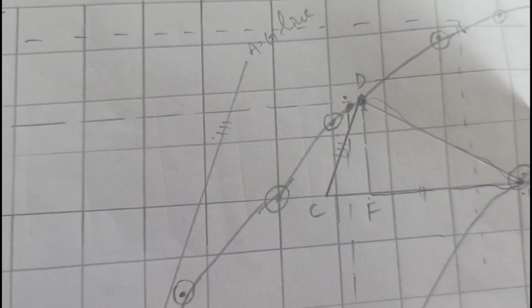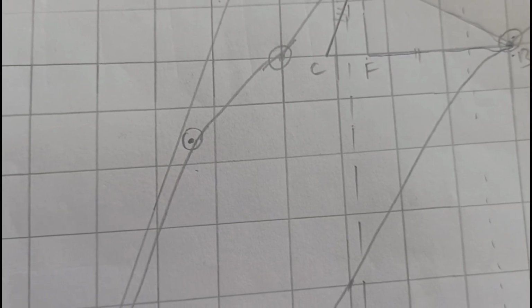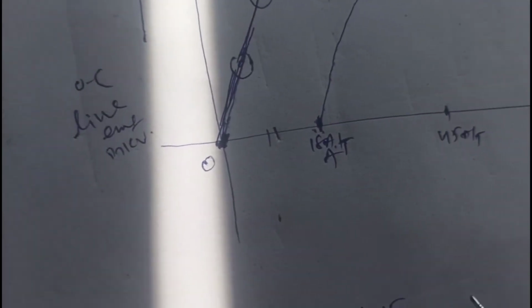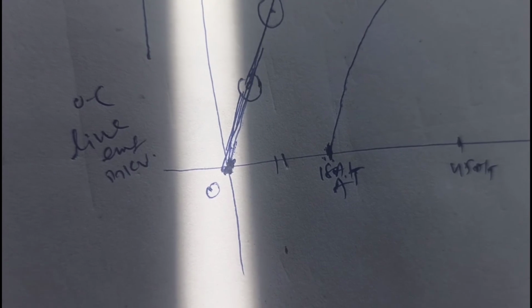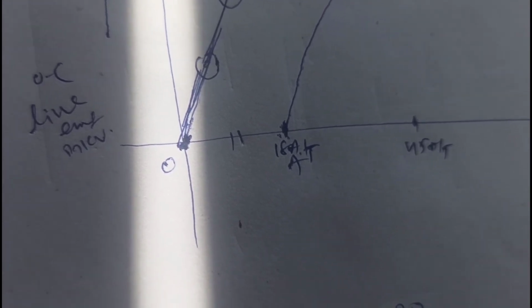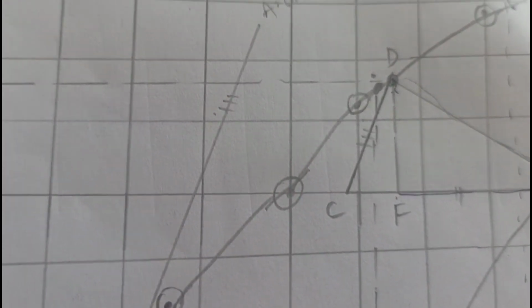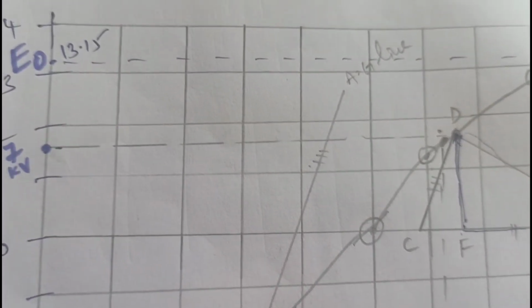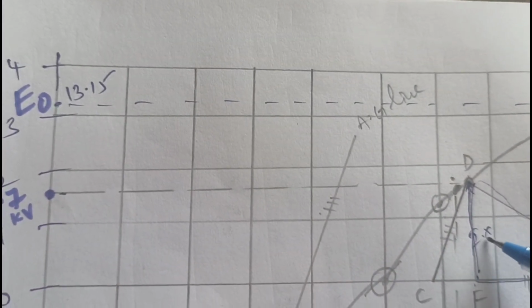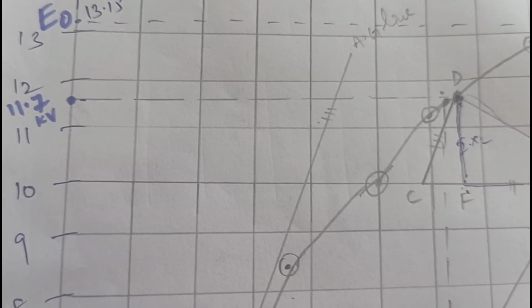So this BF, between B and F points, gives 45,000 minus 30,000, so finally you got 15,500 ampere turns. Next, this DF indicates the armature reactance drop, I into XL.